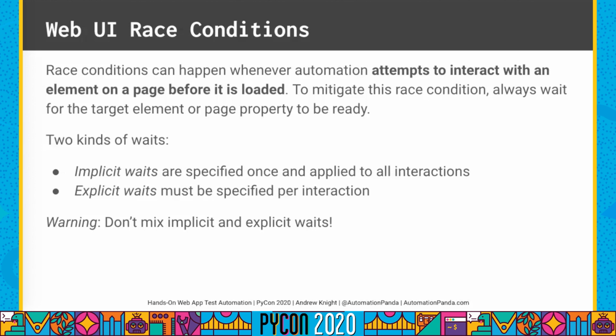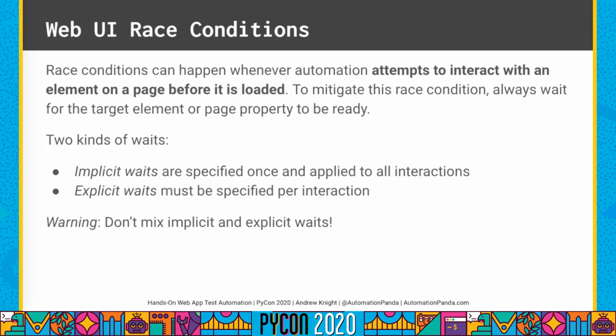Explicit waits, on the other hand, must be specified for each interaction. They are more complicated to implement, and you need to implement them, as I said, for every single interaction. However, they do give you a much better grip of control over what is being waited for.